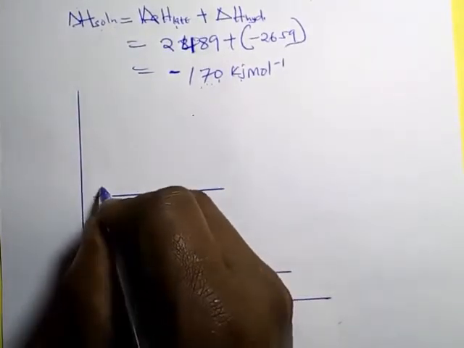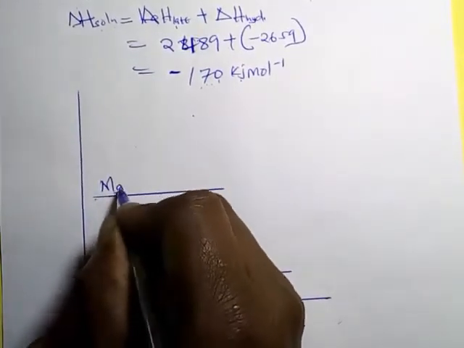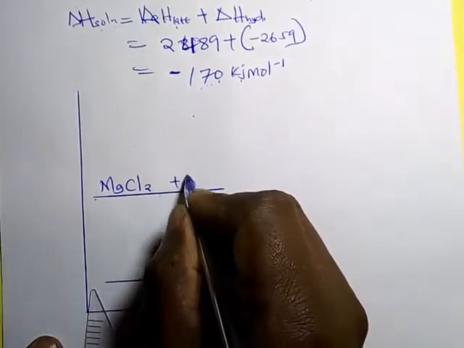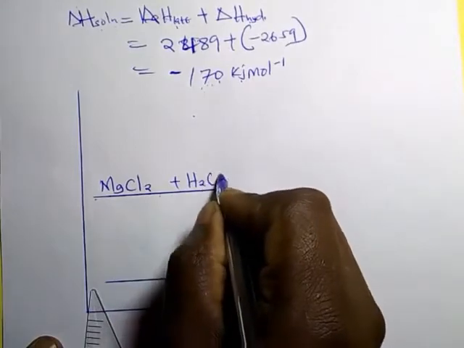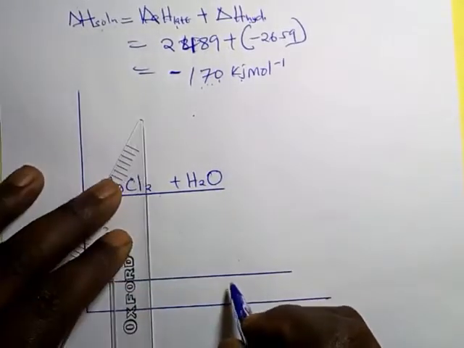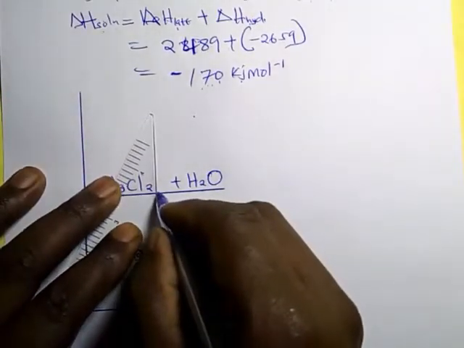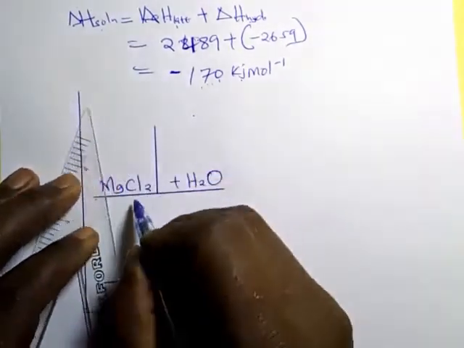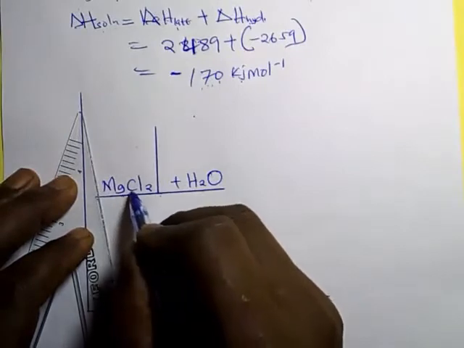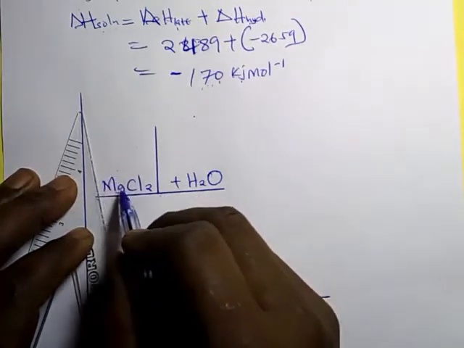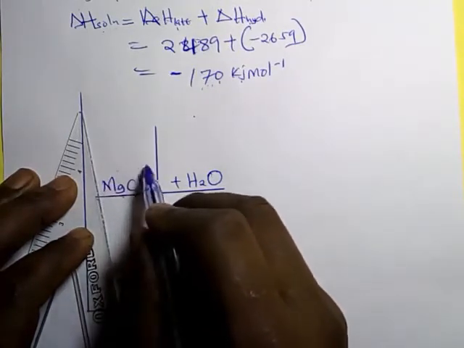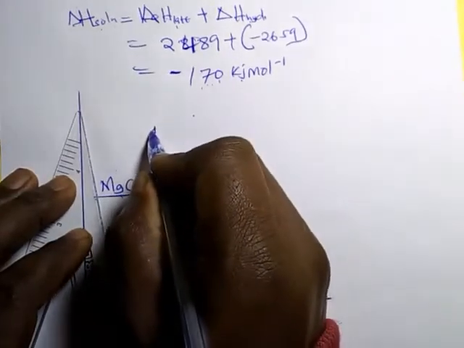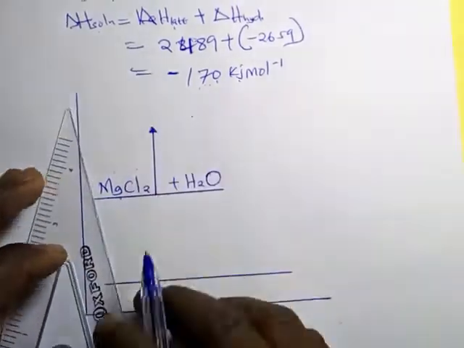What are our reactants? It's magnesium chloride dissolved in water. The first stage is endothermic, so it has to go up: breaking of magnesium chloride to form magnesium ions and chloride ions is endothermic and must go upwards.